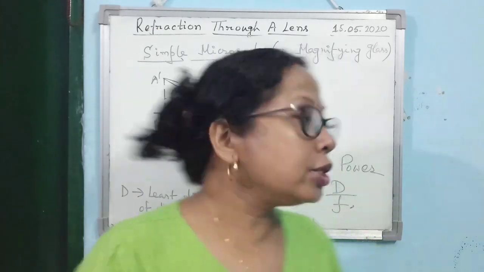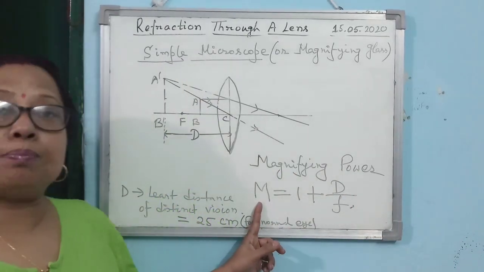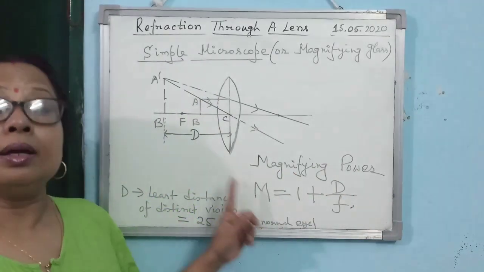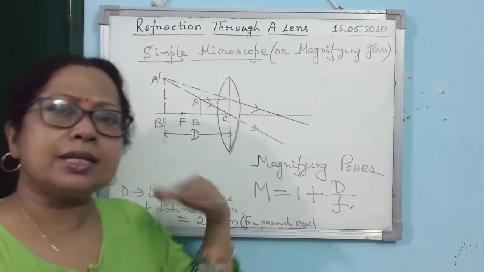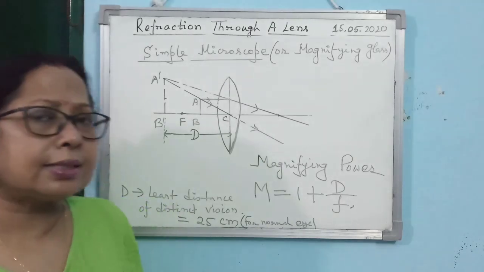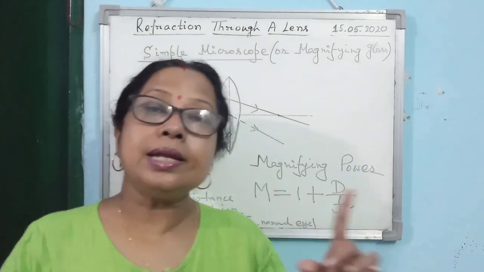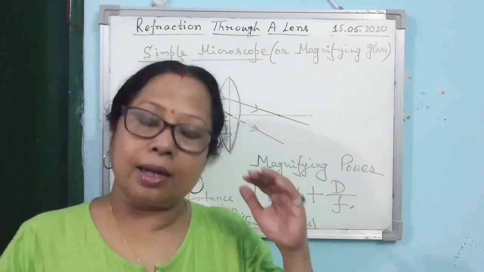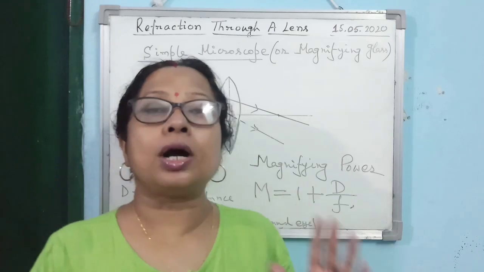Is that clear? So here, magnifying power we denote by big M. I am just reminding you, in the previous lesson we had linear magnification. That was another term. Linear magnification we define in a different manner and denote by small m.